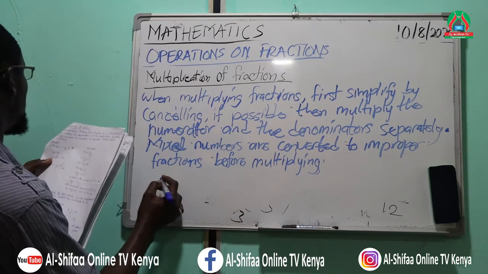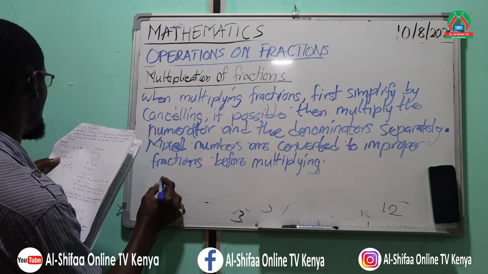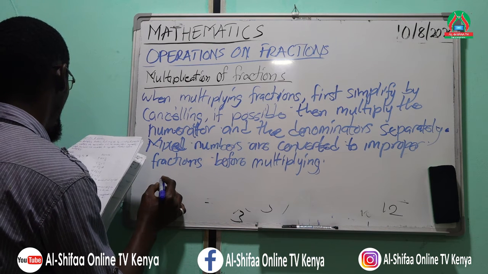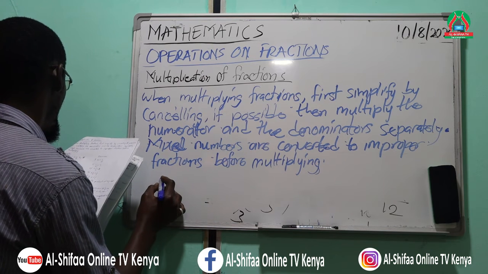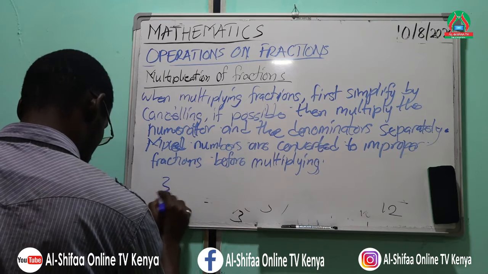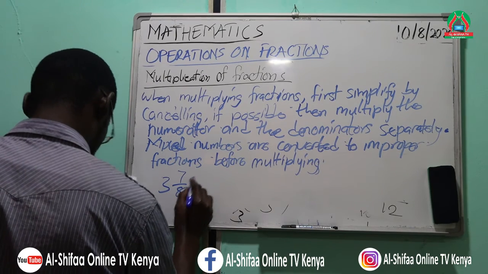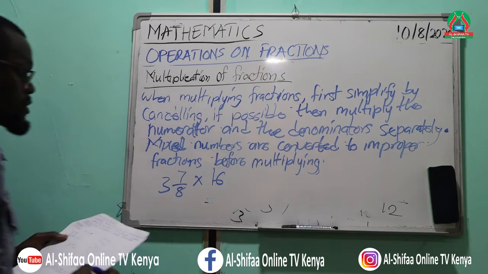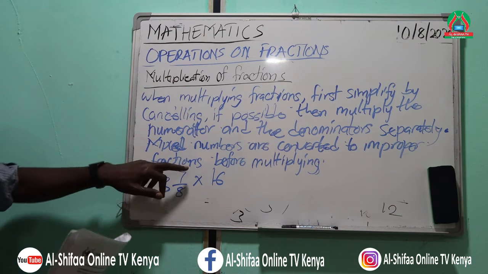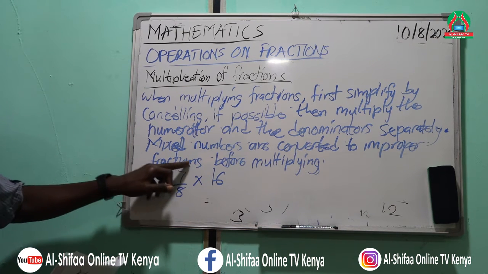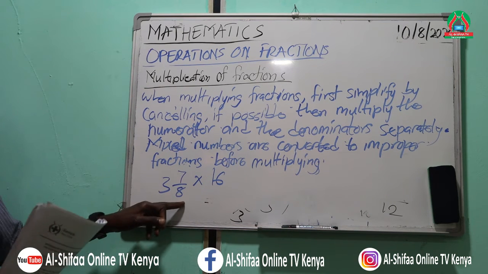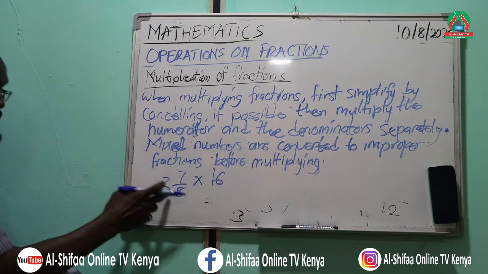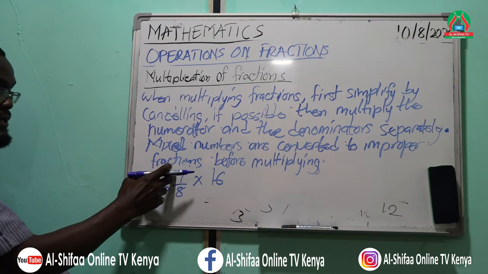We have 3 7/8 multiplied by 16. So we are told when a number is in the form of a mixed fraction, you have to change it into an improper fraction, whereby we take 8 multiplied by 3, you add 7.